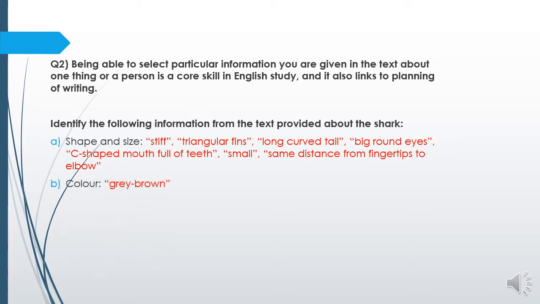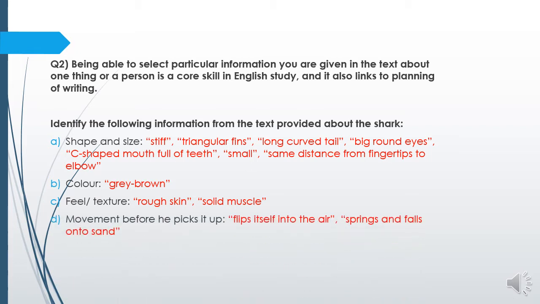Two, its color, it's mentioned that it's gray-brown. Three, its feel and texture, it is of rough skin, solid muscle, also mentioned explicitly.